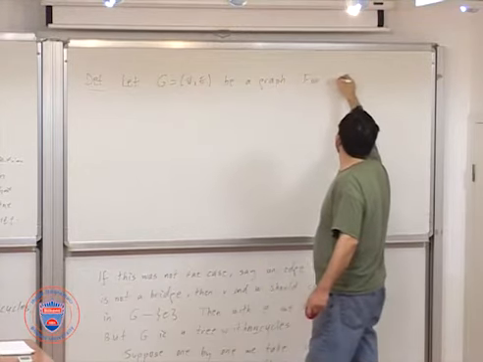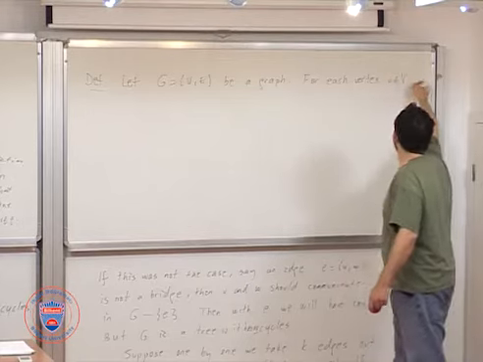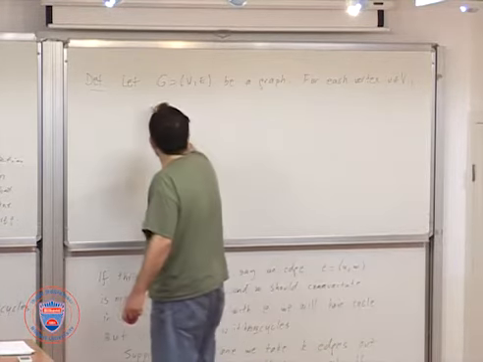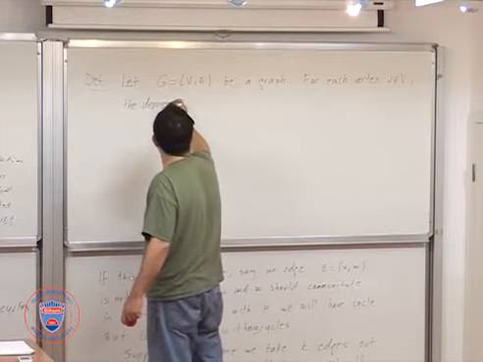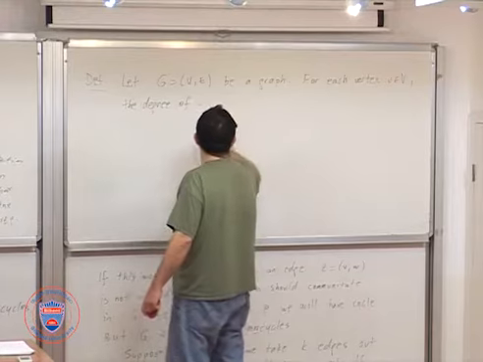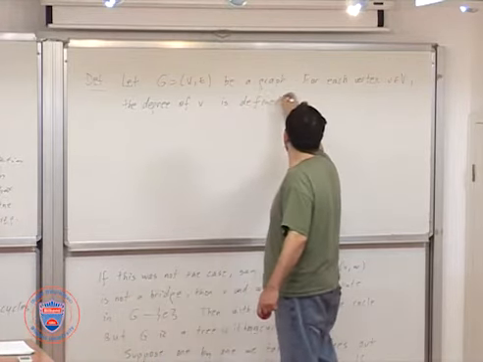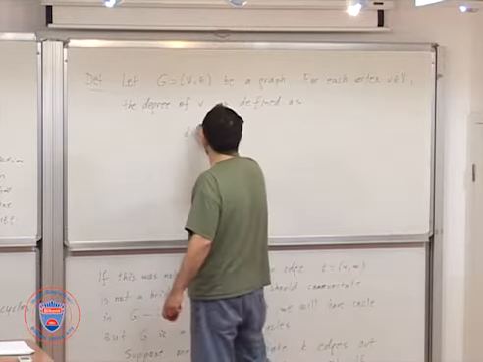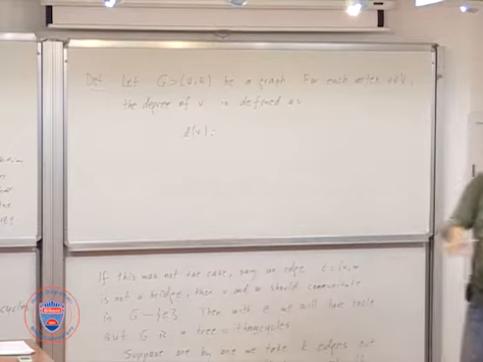For each vertex V in the vertex set, the degree of V is defined as, so the degree of a vertex is the number of all the vertices that are connected to V by an edge.